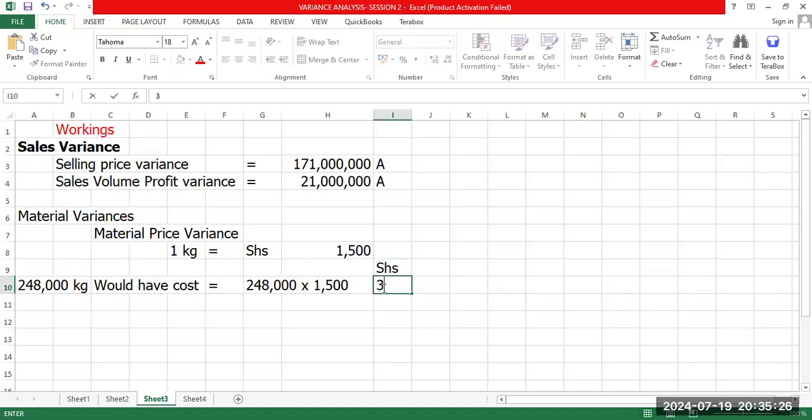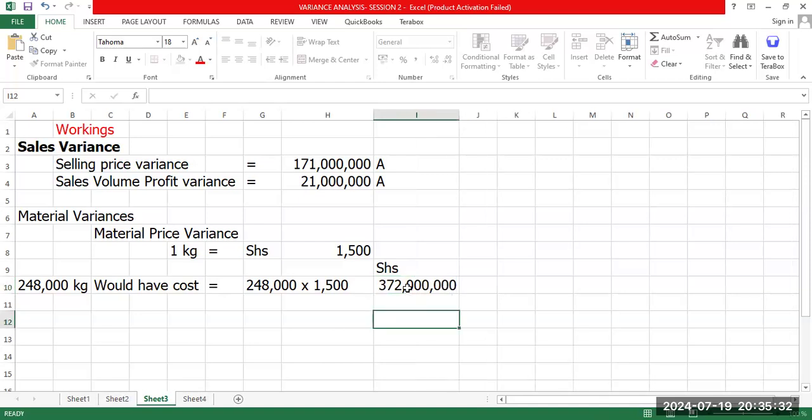Here you have 372 million. That is according to the budget. According to the budget, this is what you should have incurred. But the question is, what is the actual cost?